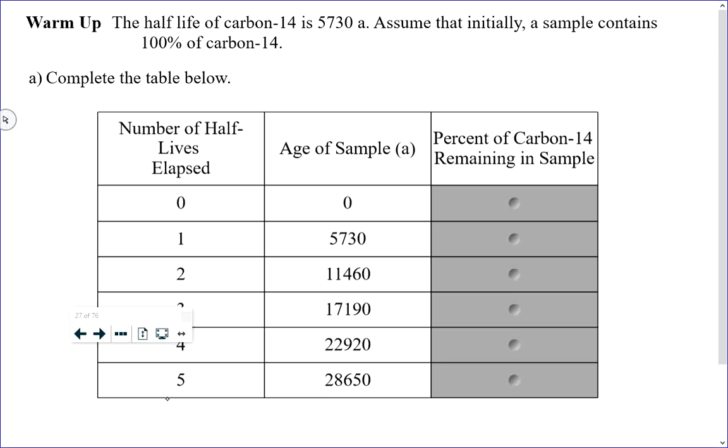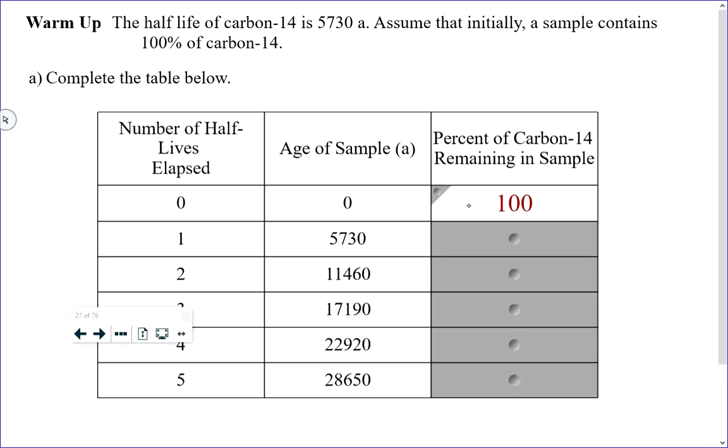So what percent of carbon-14 is remaining in the sample relative to the amount of carbon-14 it has at the beginning? Well, I'm telling you it starts at 100%. It may be that the sample that contains carbon-14 is maybe only a very, very tiny part of it is carbon-14.